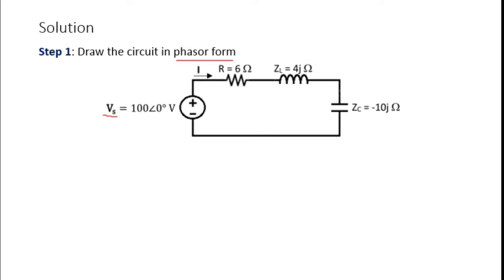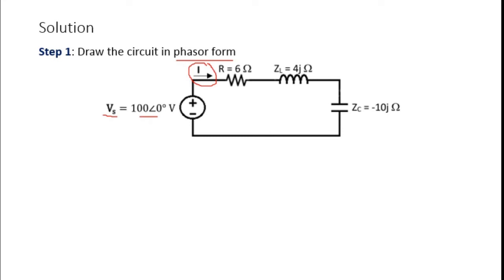This is the Phasor value for our voltage source. And similarly, the current that we want to find, we also need to change the label by using capital letter I.